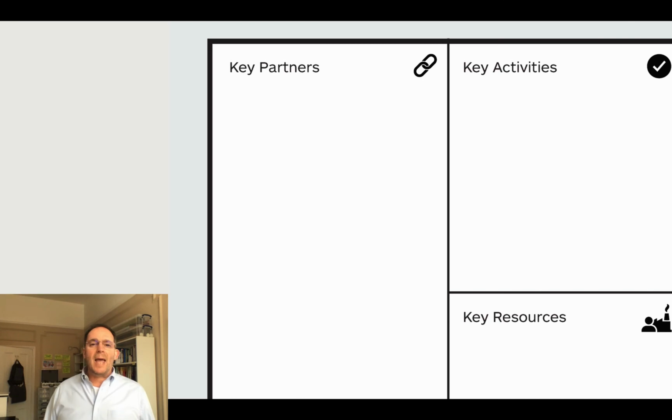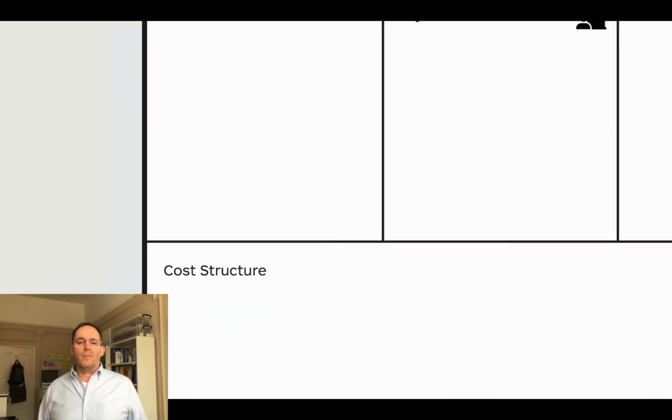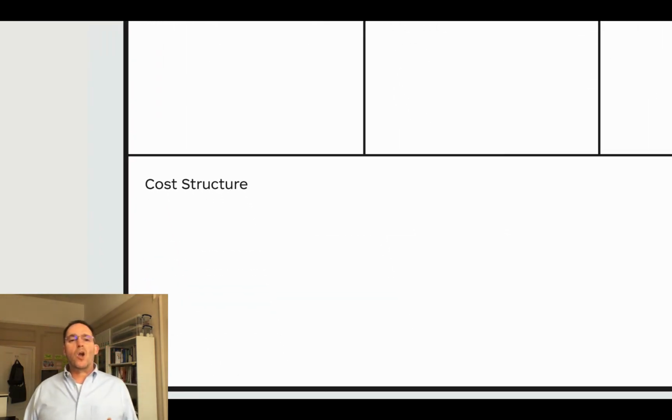Okay, back again, and here we go. So bottom left hand corner, cost structure. So in here we normally put the key costs associated with delivering the value proposition. So the key costs come out of the activities, come out of the costs of the resources, particularly if they're physical.